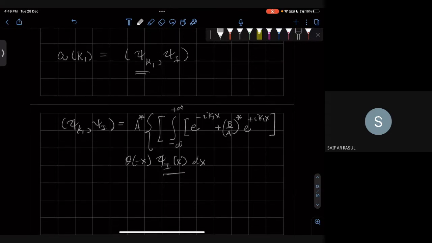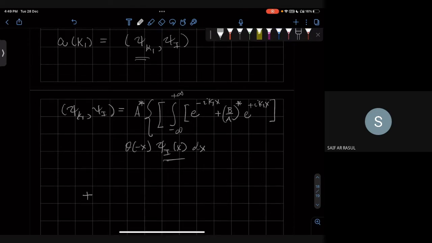And the second term is going to be the integral from minus infinity to plus infinity of c by a star, e to the power minus i k2 x, where we are using k2 as a shorthand.